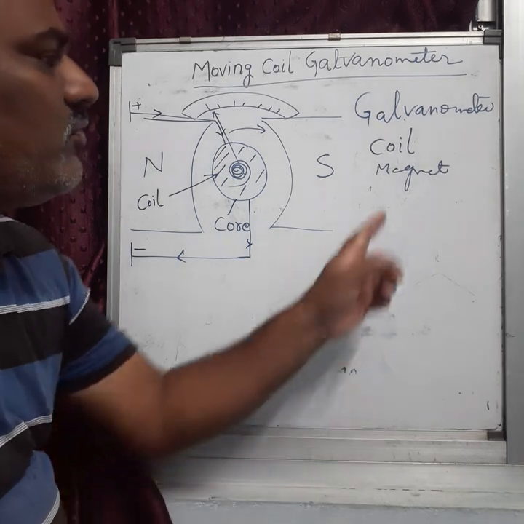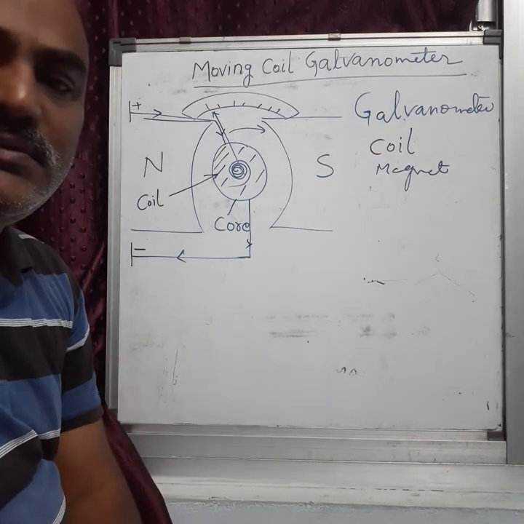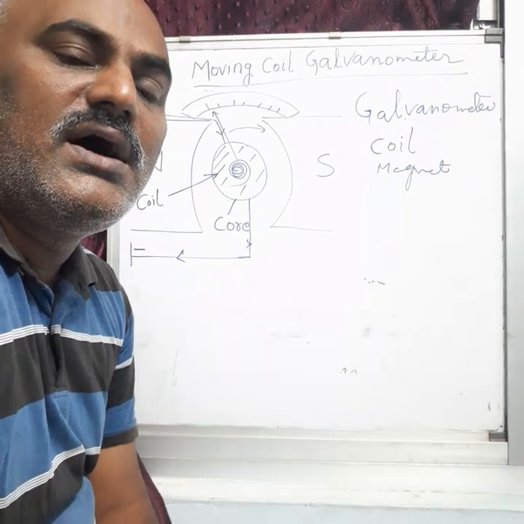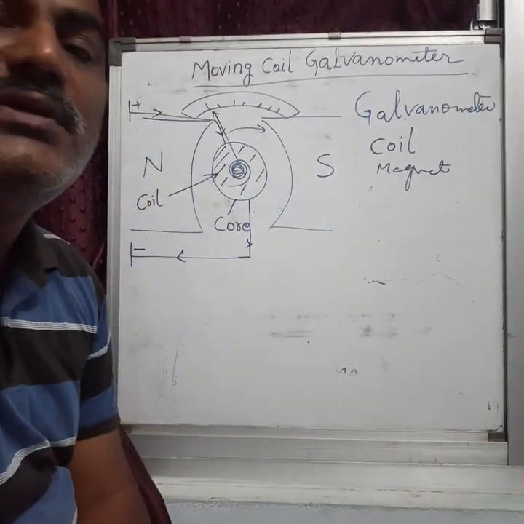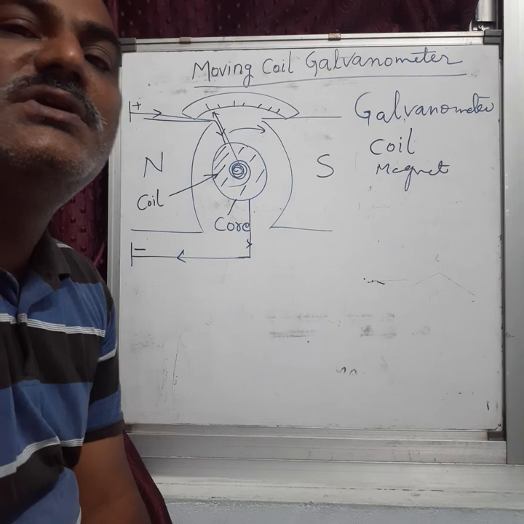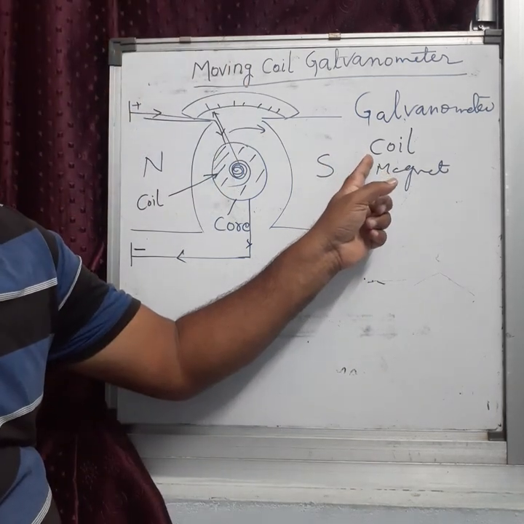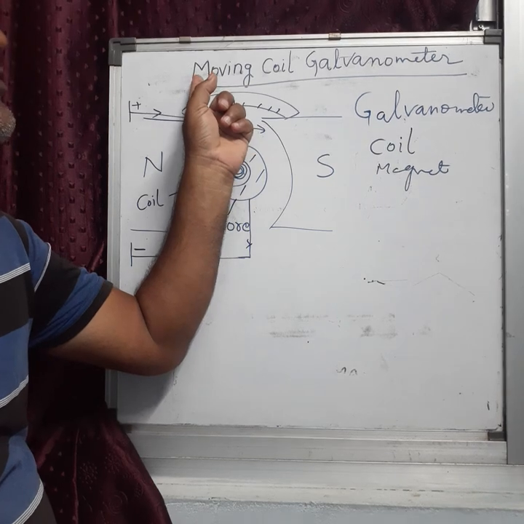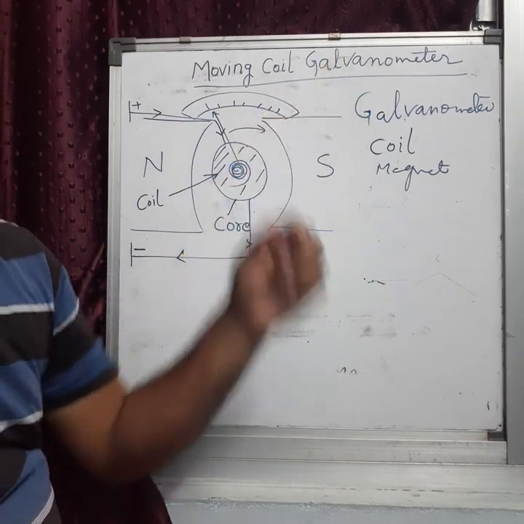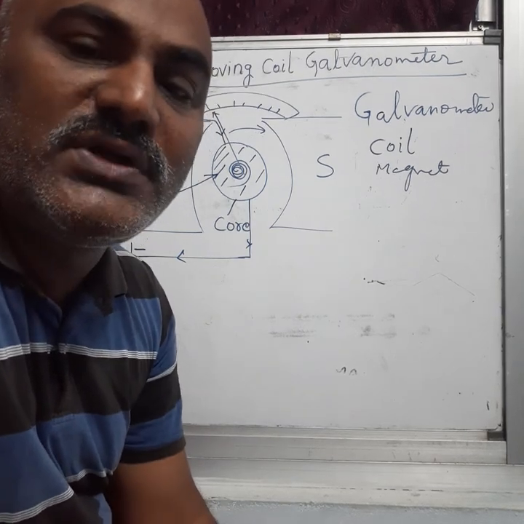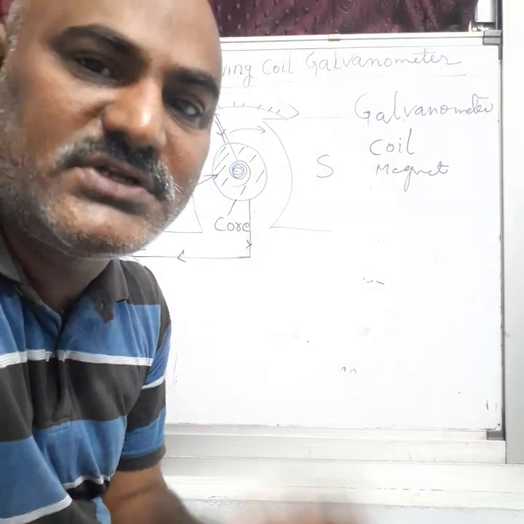Now, out of these two parts, if the coil is moving, then it is called moving coil galvanometer. If the magnet is moving, then it is a moving magnet galvanometer.